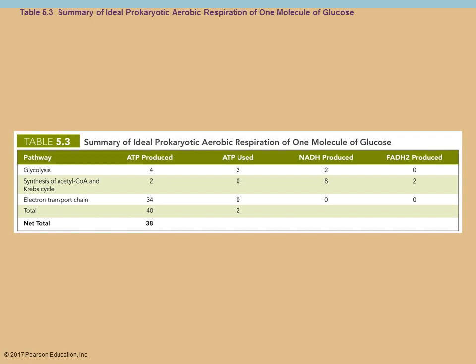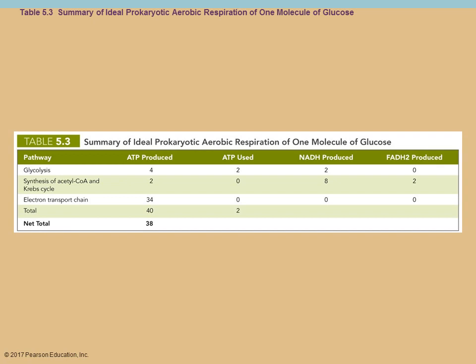So in glycolysis, you actually produce 4 ATPs, but you needed 2 of them at the very first step, so your net gain was 2. And that process going from pyruvic acid to acetyl-CoA and then feeding through the Krebs cycle. Through the Krebs cycle, you produce 2 ATPs.